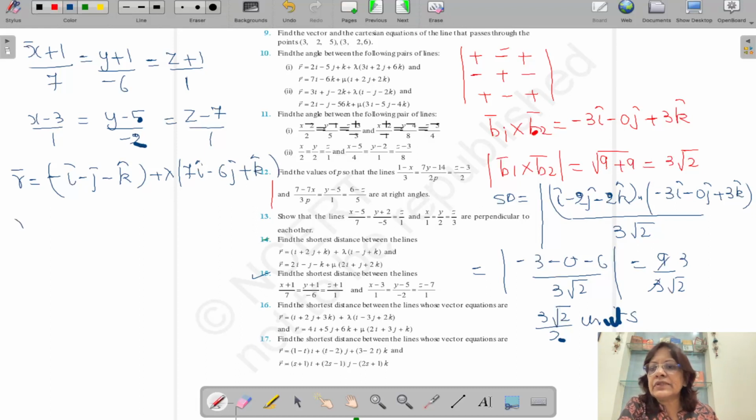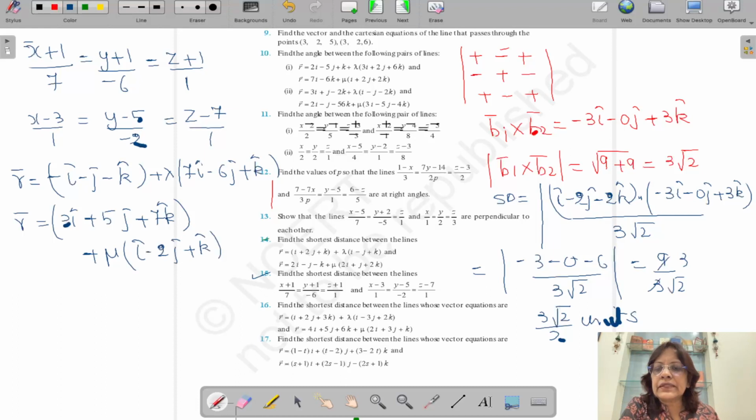And the second equation is r is equal to 3i plus 5j plus 7k plus mu times i minus 2j plus k. So these are the lines.